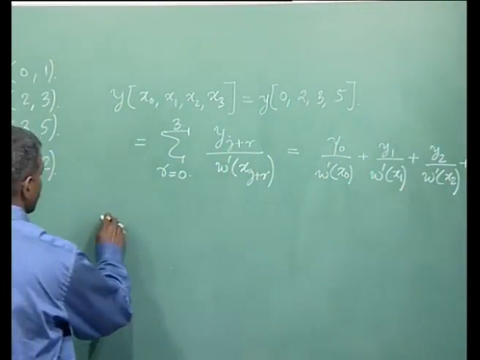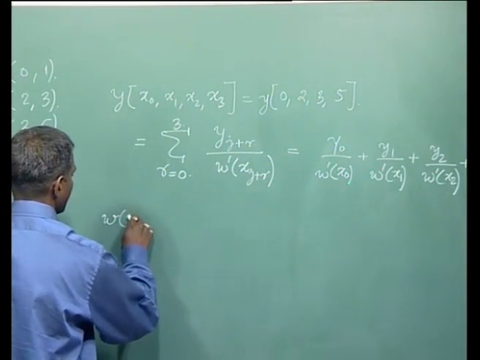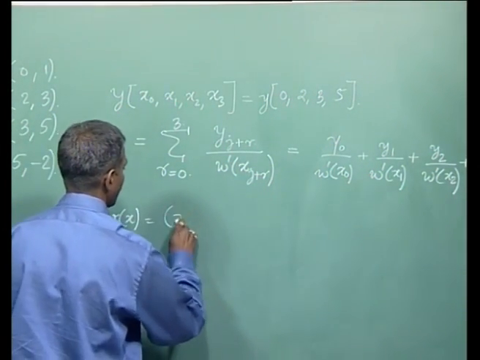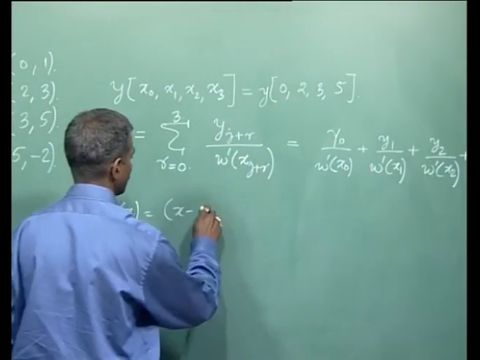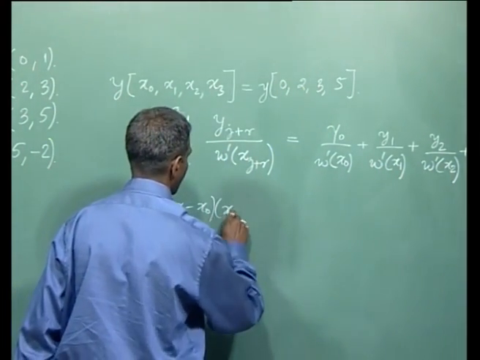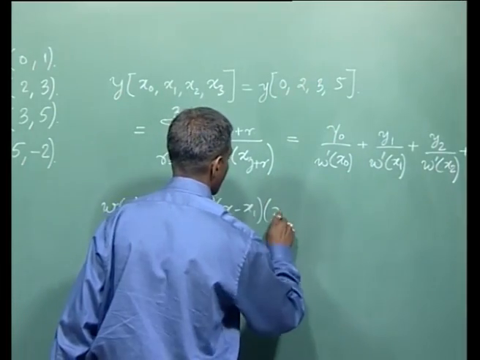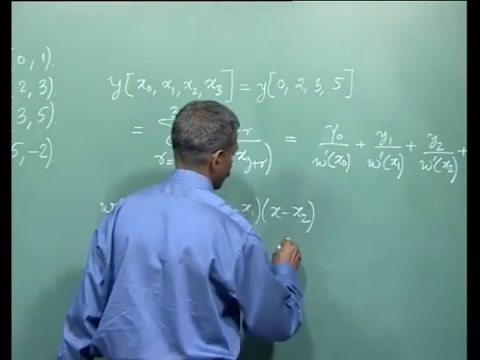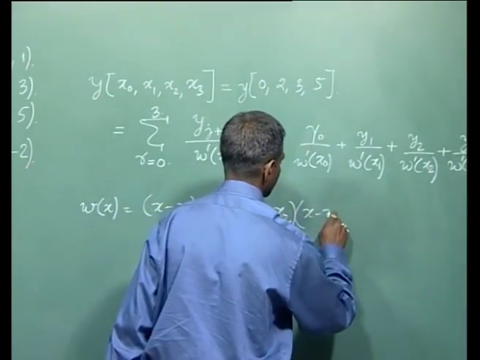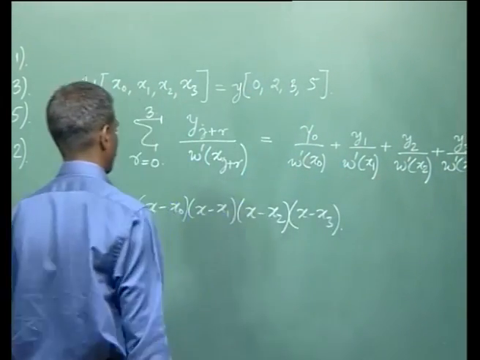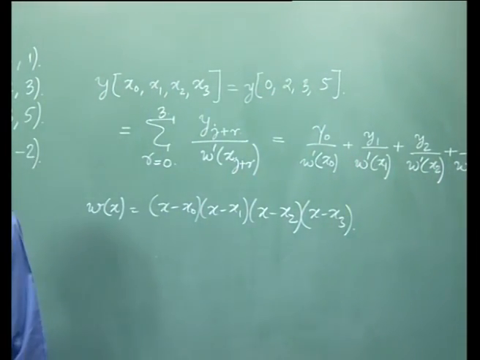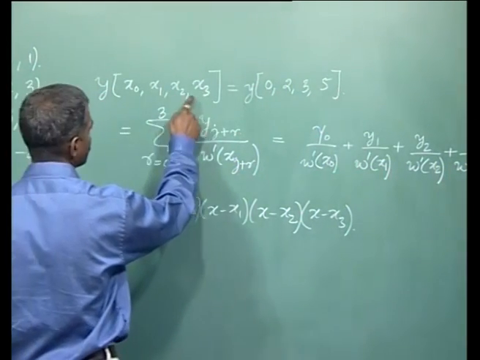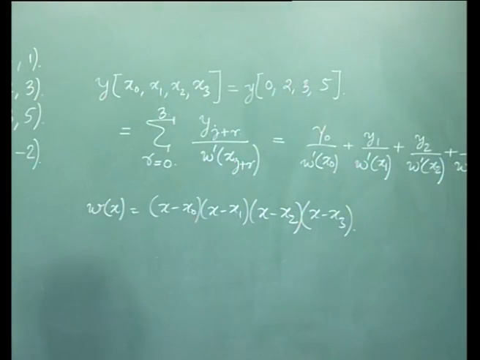So w here is equal to x minus x0, x minus x1, x minus x2, and x minus x3. We know what x0, x1, x2, and x3 are. Let's plug in those values directly.